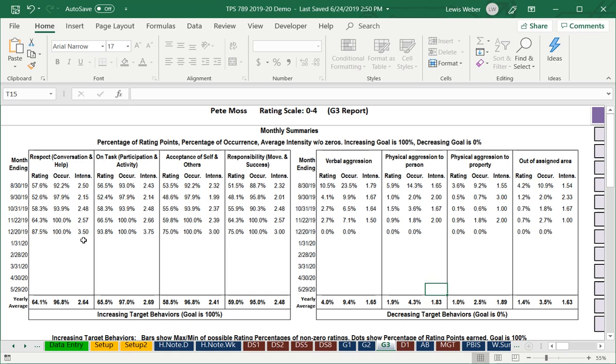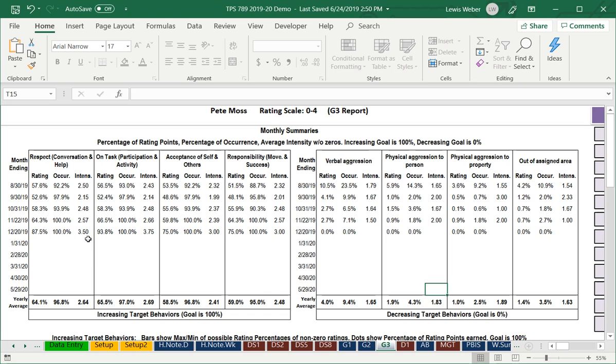If we want to see the total rating percentage, we look over here because this includes all numbers, and that means it includes zeros. So ratings are evaluating 0, 1, 2, 3, and 4. And the reason why I say that is because we're using the, as you see up top here, 0 to 4 scale. So the rating is going to include all possible values, but intensity is going to look only at the non-zero values because the zeros don't contribute to an intensity concept.